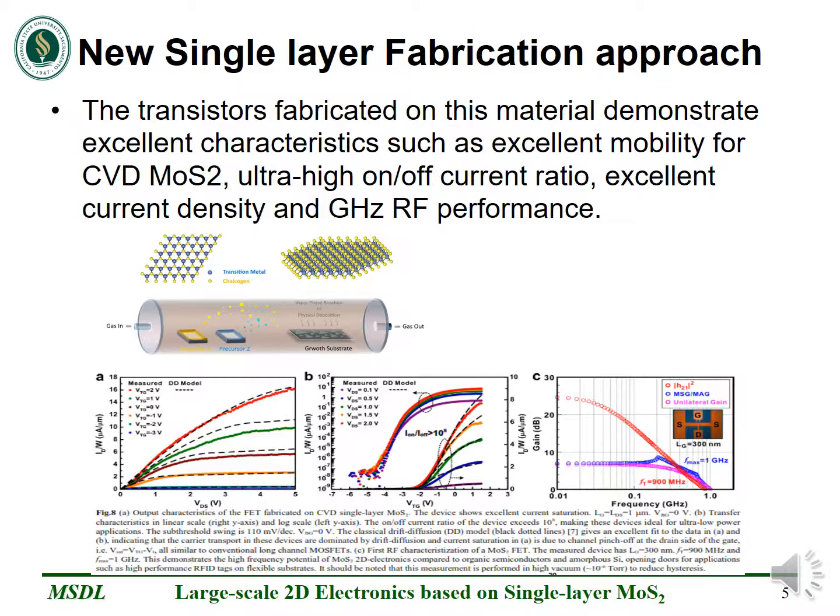During the growth, the furnace was heated to 650 degrees centigrade in an argon environment. The sulfur vapor was carried by the argon gas and reduced the molybdenum oxide powder to form volatile suboxide, which diffused to the substrate and was further reduced by sulfur vapor to form molybdenum sulfide films.